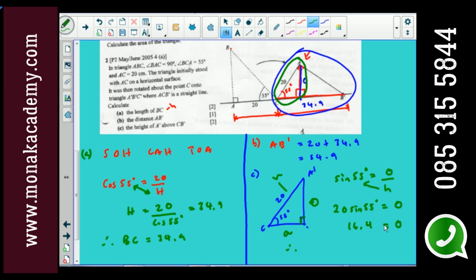Therefore, the height of A complement above CB complement is 16.4.